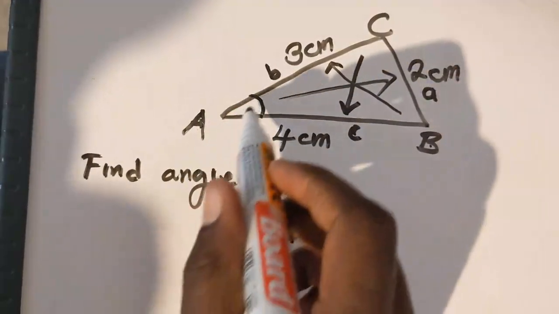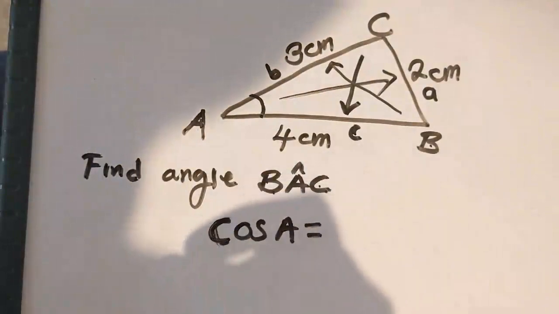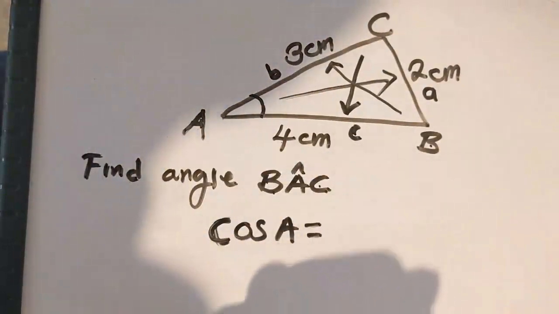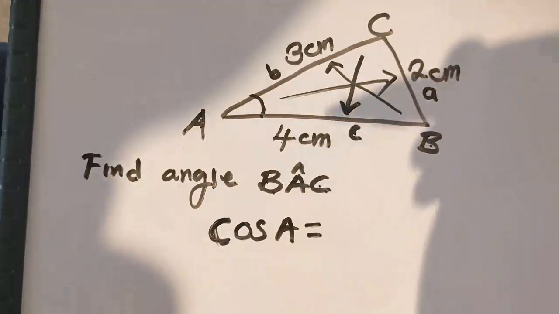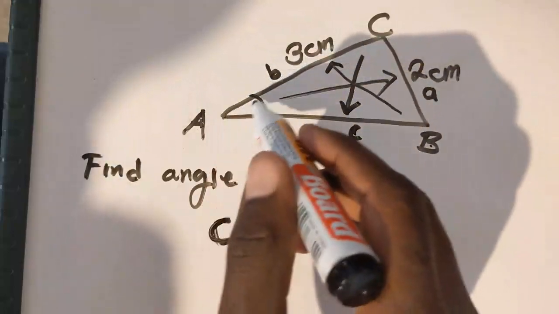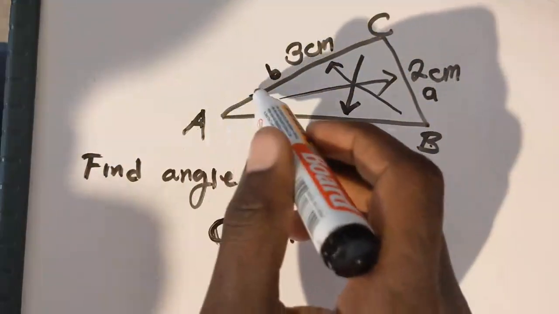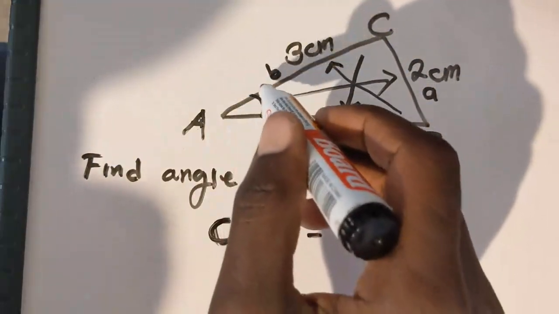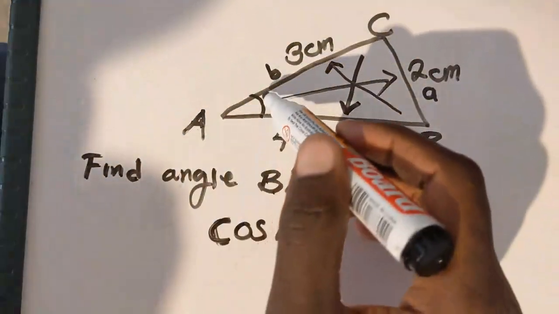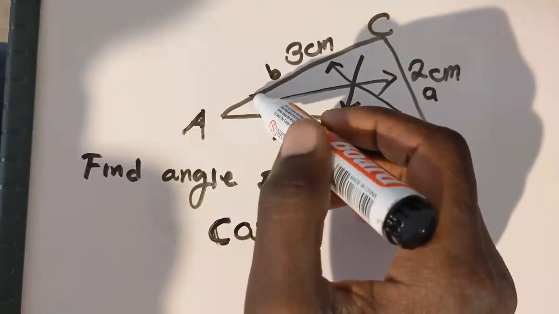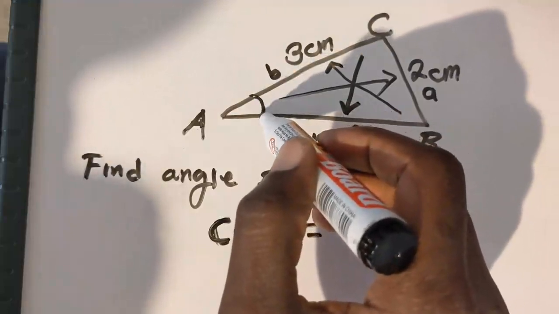Now what is it going to be equal to? You get the sides that surround this angle, the sides that put this angle in the middle.